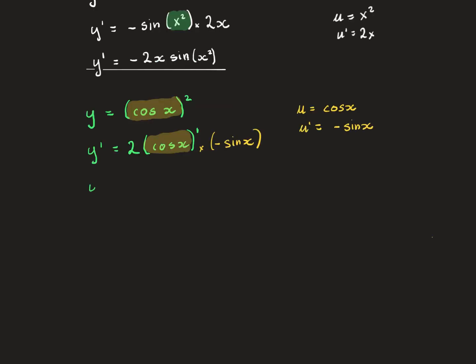And this could be more concisely rewritten as minus 2 sin x cos x. And by differentiating these two, we can see that the answer is not the same from one to the other.